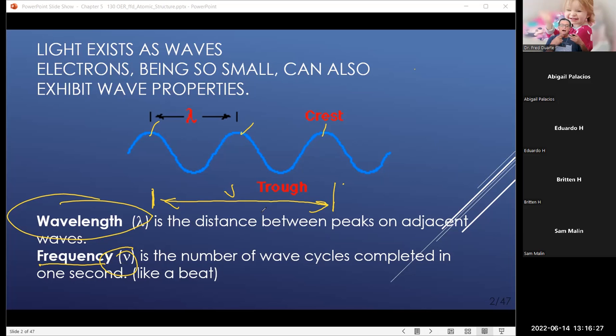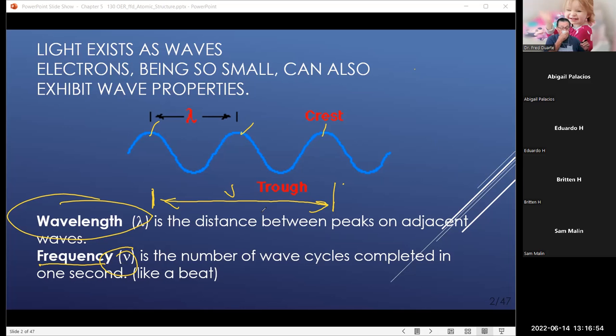It represents how many cycles occur within a given time unit, which is normally 1 second. So if your computer is operating at 2 gigahertz, there are 2 billion things occurring within 1 second. Pretty fast, though not as fast as your brain.